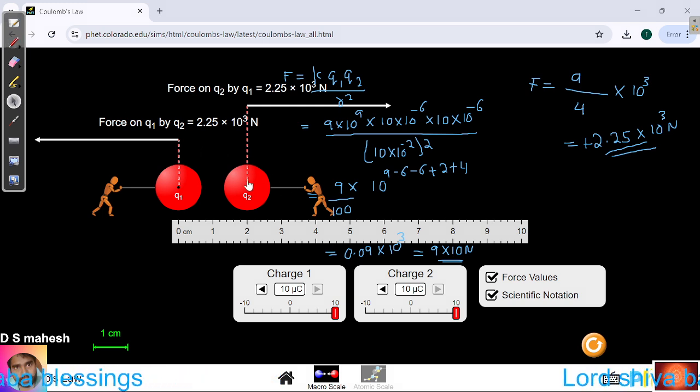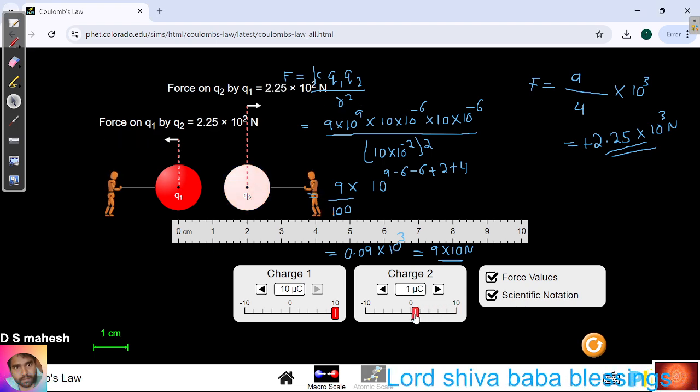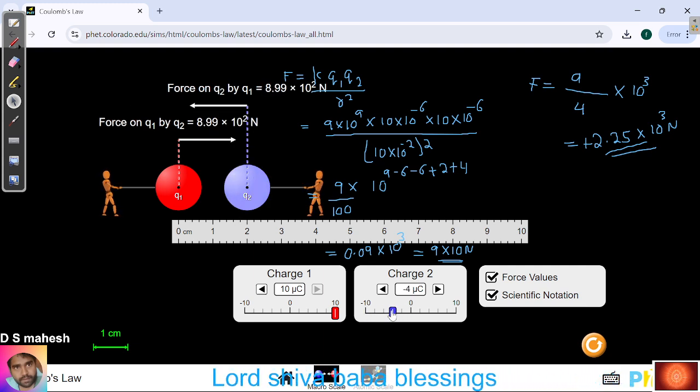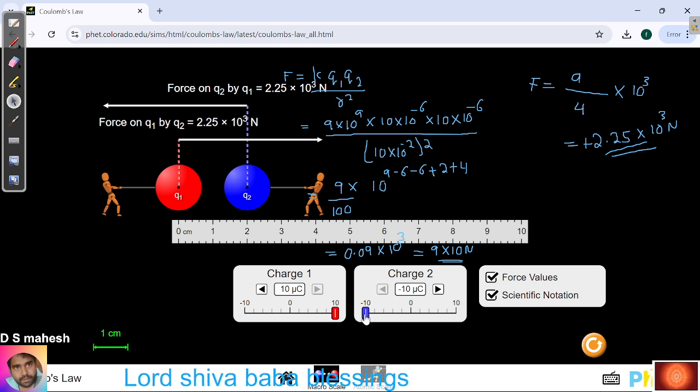So let us make this Q2 as minus 10 microcoulomb. Look over here, the direction is reversing. The direction is attraction. But the value remains the same, 2.25 into 10 to the power of 3.